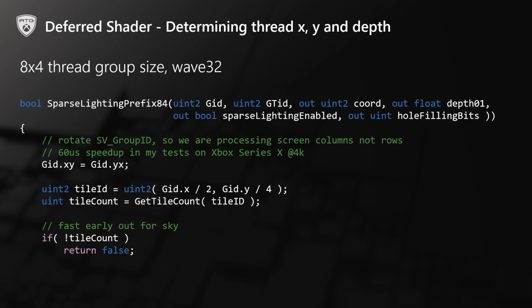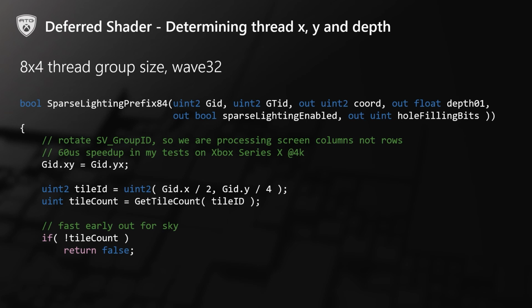So the first thing the function does actually is it rotates the group ID. And the reason for this, I found, is that the dispatch typically is, and certainly on Xbox, is running through the render target in rows rather than columns. And if you have sky, it is simply reading the tile counts for the sky tile, finding it has 0 lighting calculations to do, and retiring the entire wave.